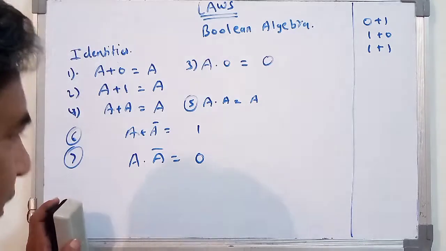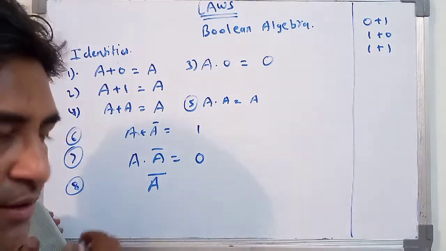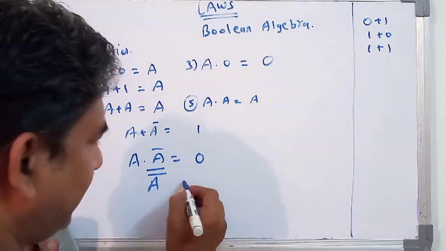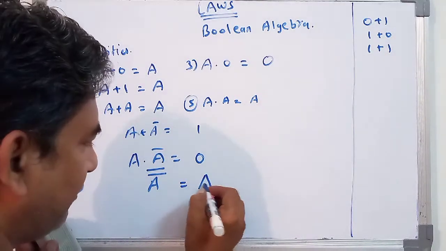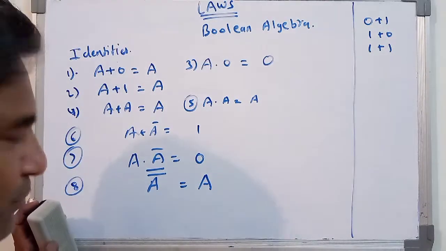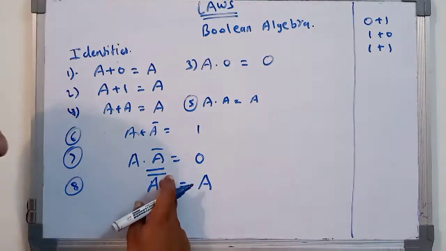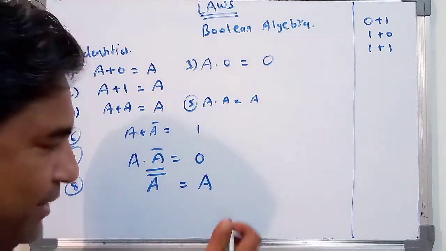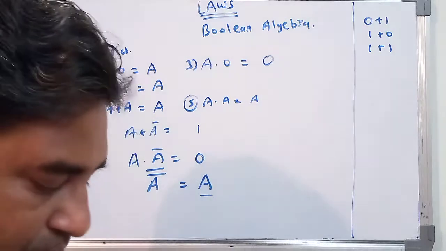If you have the eighth identity, A bar and again a bar is applied to it, then this bar and this bar get cancelled, and after cancelling the bars, the A will remain. That's why A is the answer for A double bar.